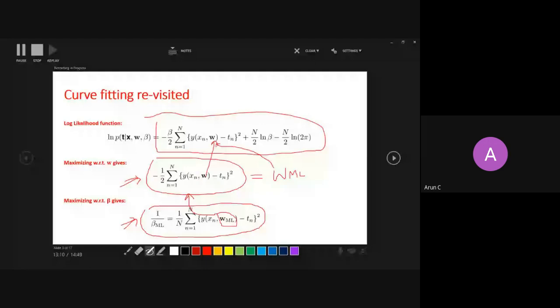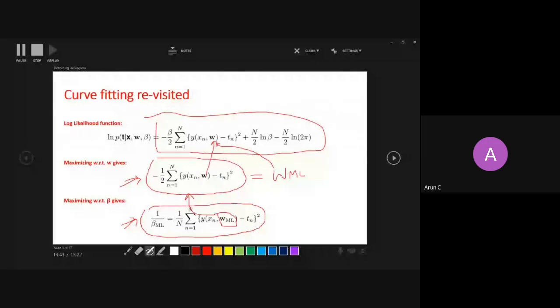Anything else? When this discussion comes, I want you to pay attention here: if I take a derivative with respect to w, all my beta terms go away in the original function. So beta will not disturb me anymore, because both w and beta are unknown. Once I take the derivative with respect to w, beta terms will not be there, so it will not be a problem to find the value of w which will maximize this function.